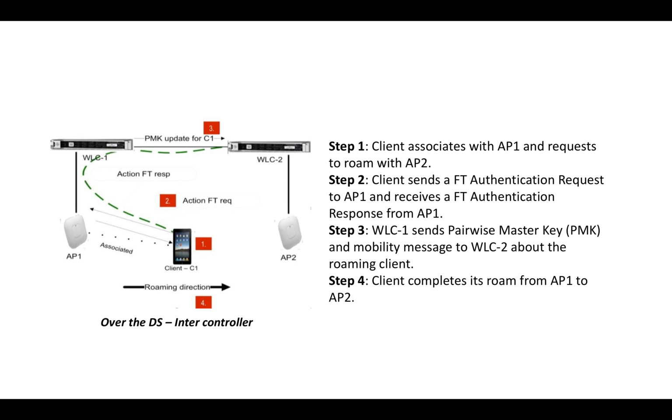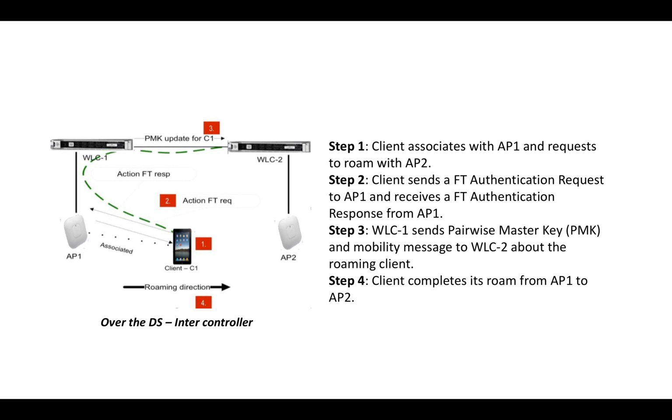In the second step, if we are talking about the same scenario in which my APs are distributed across different controllers, first step, the client sends out the authentication request, again as an action frame, to AP1 and through WLC1.